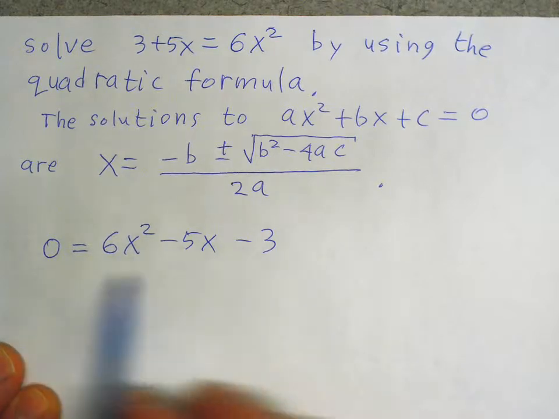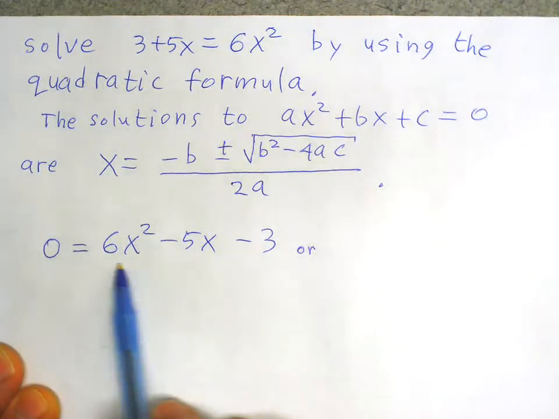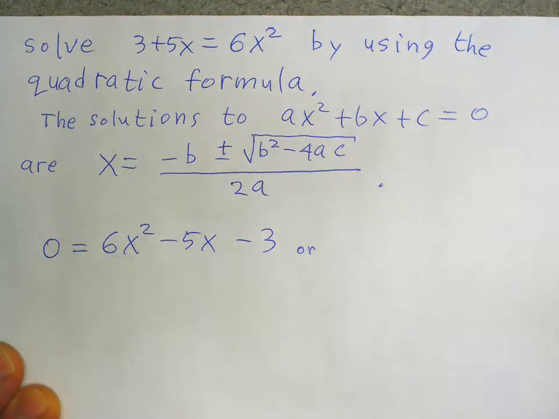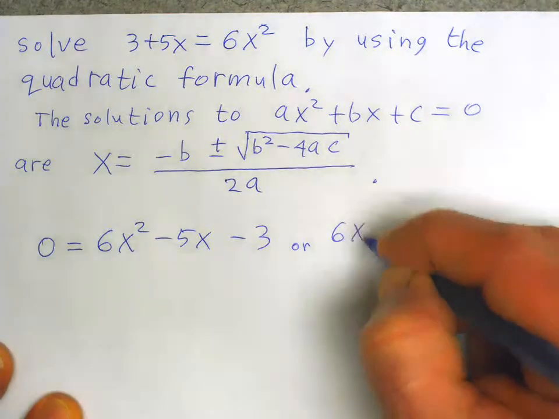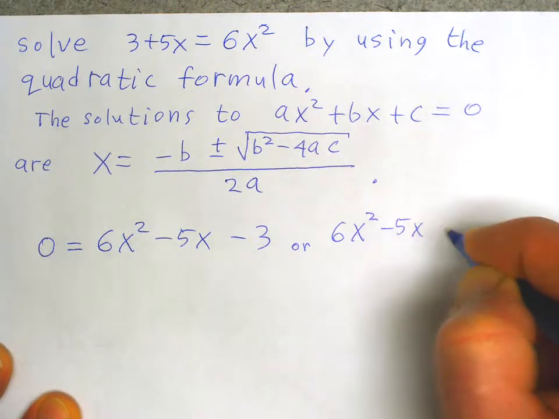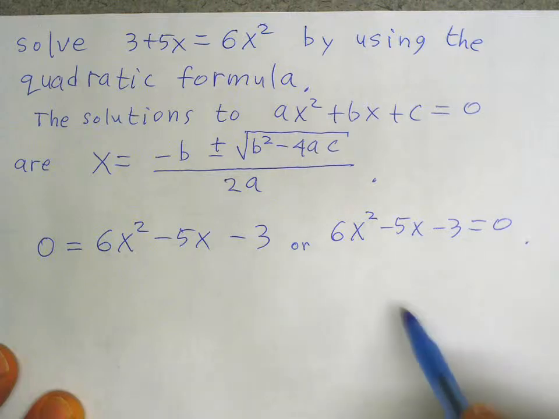So this is considered standard form. But if you'd rather have the trinomial on the left-hand side, you can do that. If you want to write 6x squared minus 5x minus 3 equals 0, that is perfectly fine.